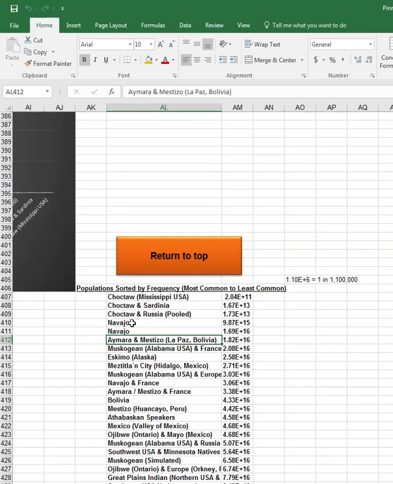Next we have the Muscogean population from Alabama, mixed with a European population, France there, again further indicating that most Choctaw who are alive today are mixed with some European ancestry. And this Eskimo population from Alaska is fascinating. What I think this means is probably two things.